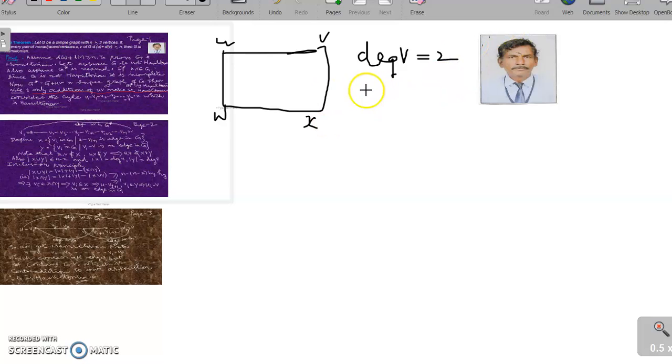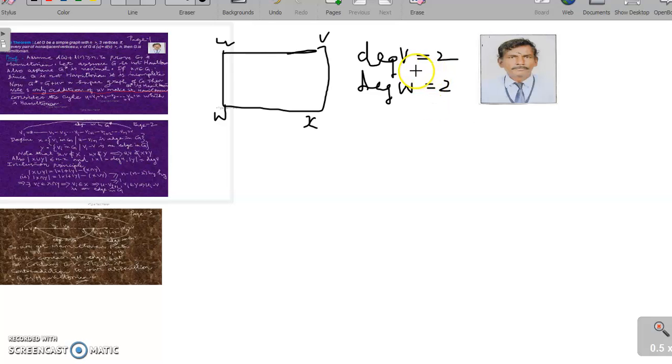Now what is the degree of w? Okay, degree of w, you concentrate on this. W and V are not adjacent to one another. Okay.